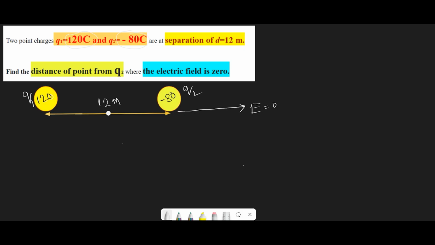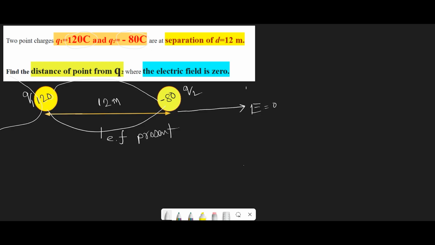It means in between these two charges, electric field will be present. So either outside of Q1 or outside of Q2, obviously electric field will be 0.